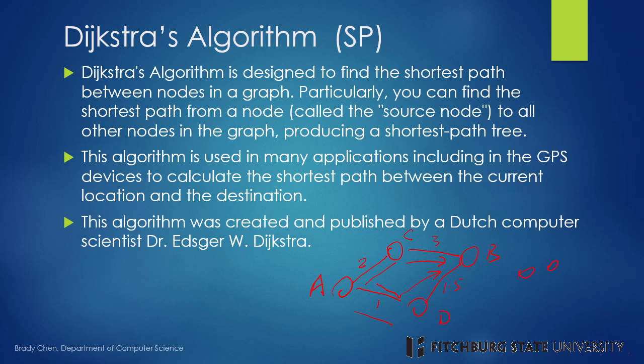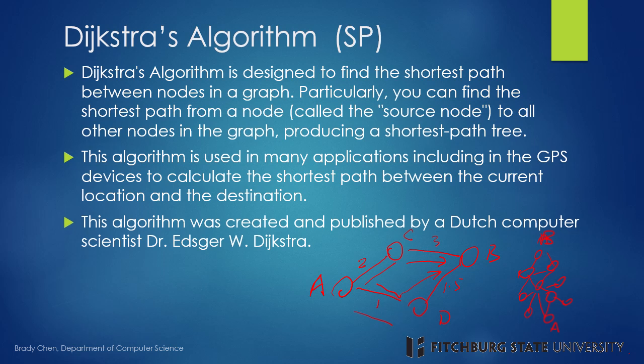But if you have a very sophisticated graph with very complex connections, this problem is not that straightforward. It's not intuitive. That's what Dijkstra's algorithm is for. For example, from A to B, what is the shortest path if you have all these links?